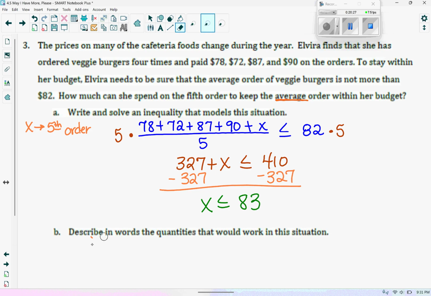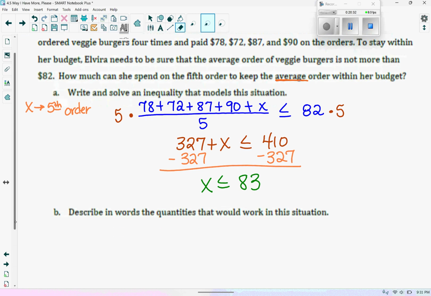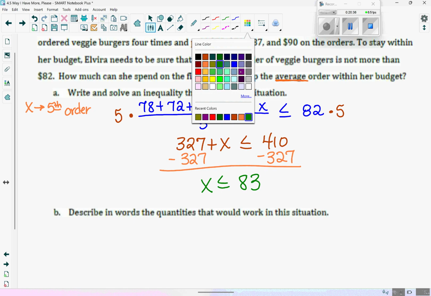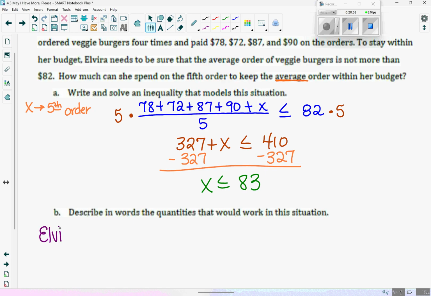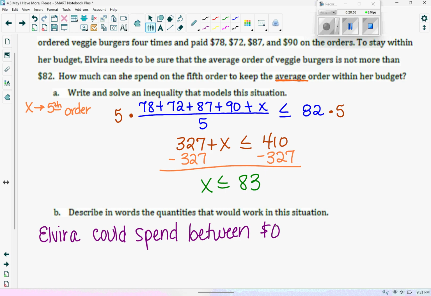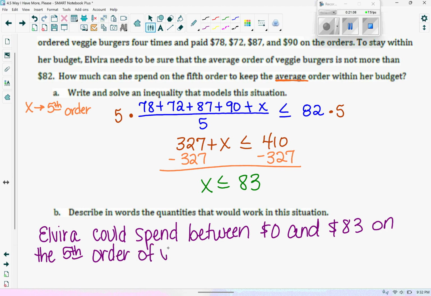All right. So describe in words the quantities that would work here. Elvira, well, sorry about that, could spend between 0 and $83 on the 5th order of veggie burgers.